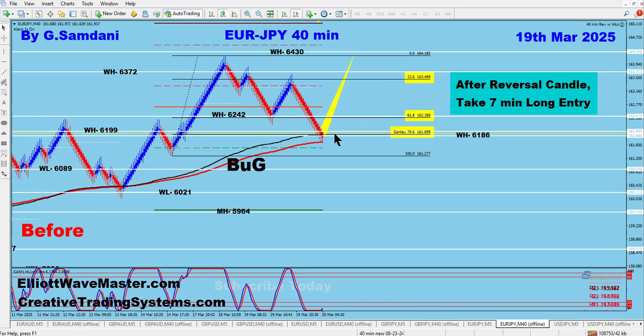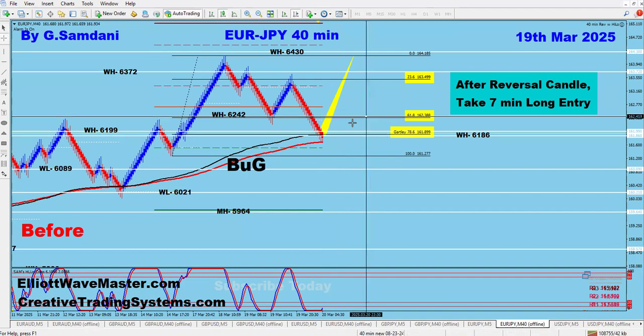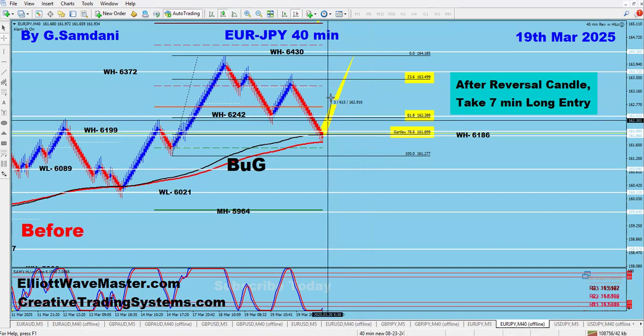Wow. So from the bottom, 166 is going to be around 160, this R1 area. If you make the entry from here, you can go to R1. That's another 100 pip trade, right? So we can have that as well.